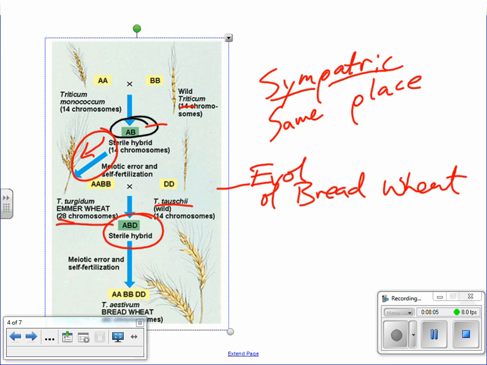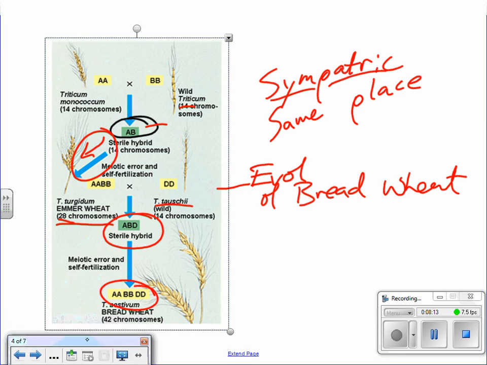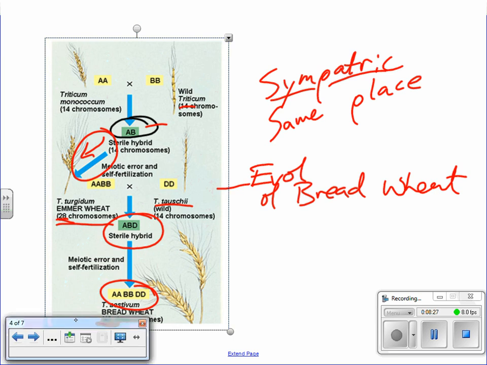But through another set of mitotic errors and autopolyploidy speciation, we have another duplication of those chromosomes. So we go from having 28 again now to 42. So we keep doubling the amount of chromosomes in every generation, but through those errors, we are actually creating new species. And that's how we ended up with bread wheat in the end that has enough grain in it that we can actually harvest that and make bread out of.